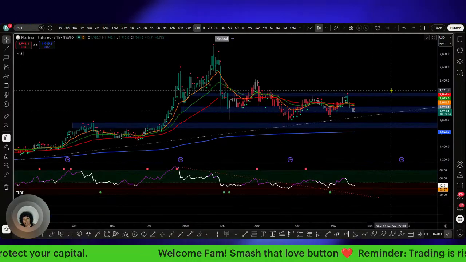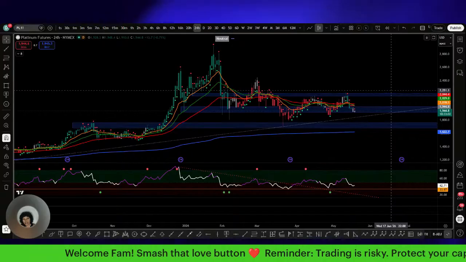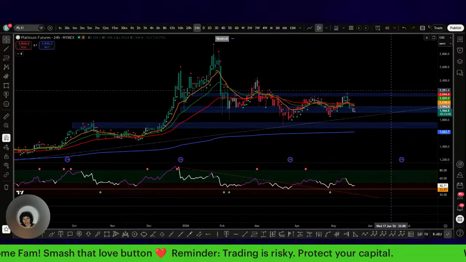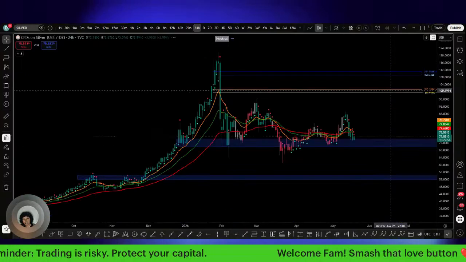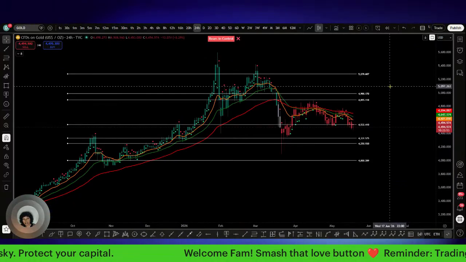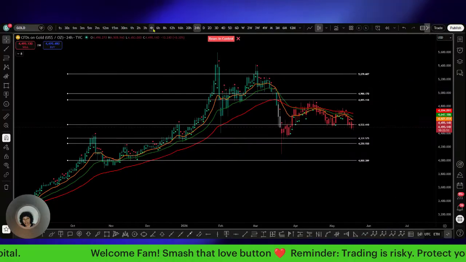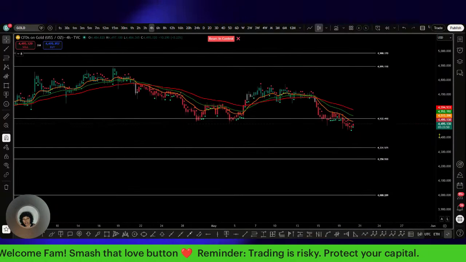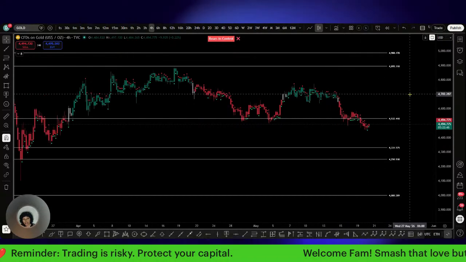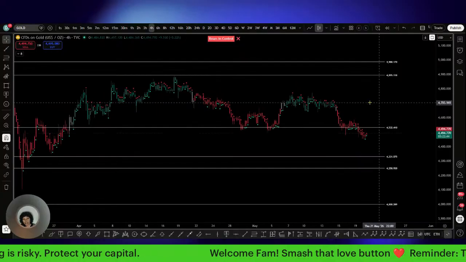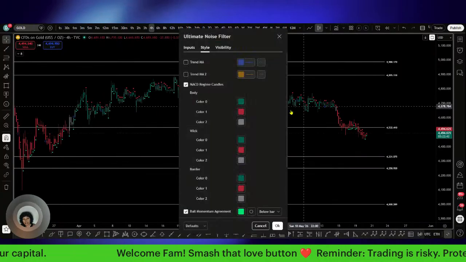So maybe metals is some work that I cannot put in. Get that out of here. I don't want these colors.